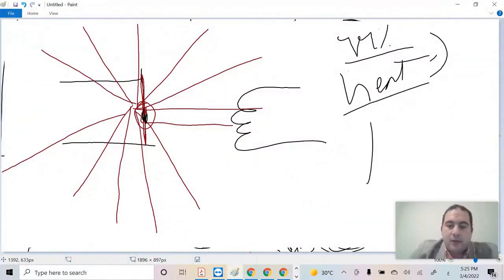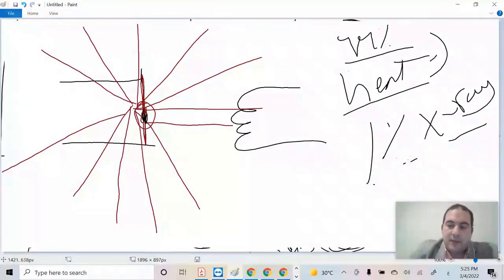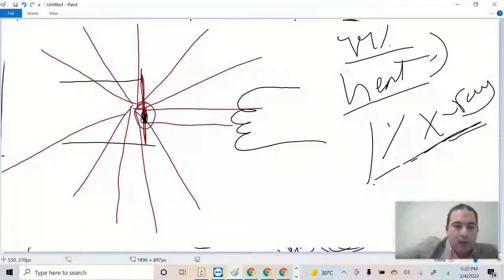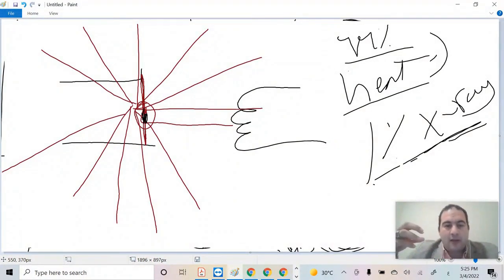Only 1% of the collisions produce X-rays. This area, which I call the actual focal spot, is the part of the anode where bombardment occurs between the electrons coming from the filament and the anode material. This black part is the actual focal spot, and it experiences a significant heating effect.